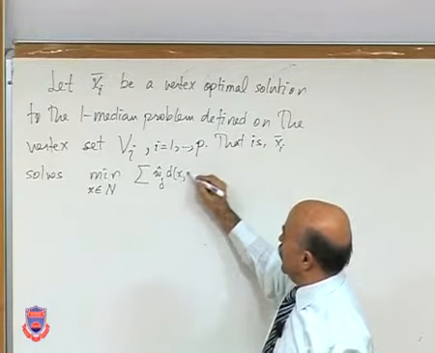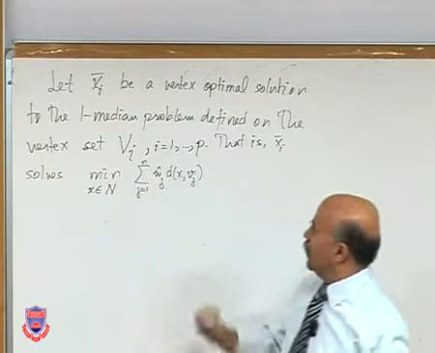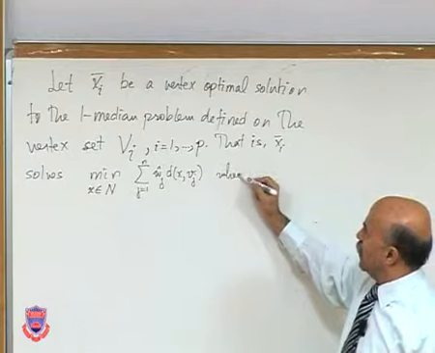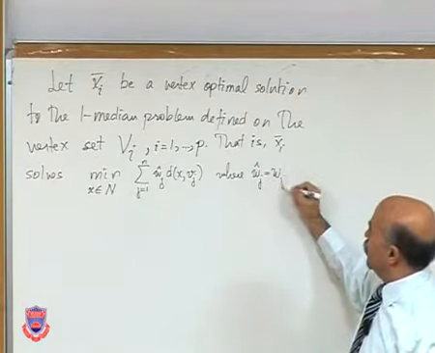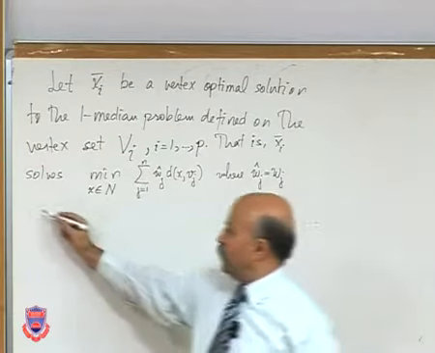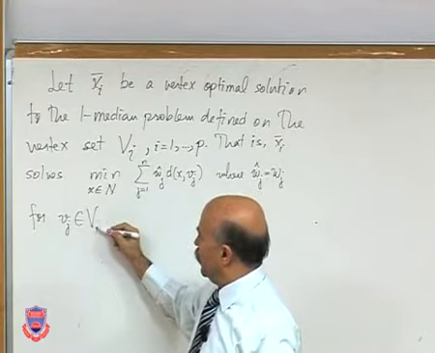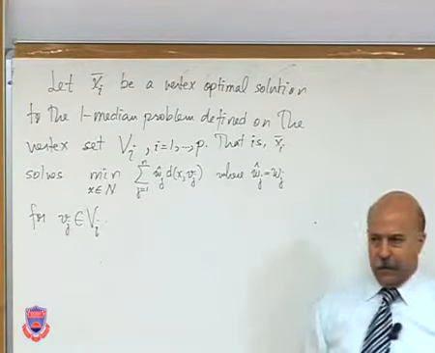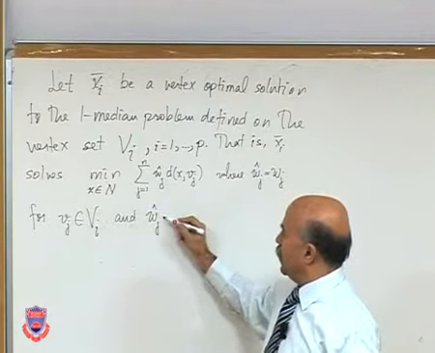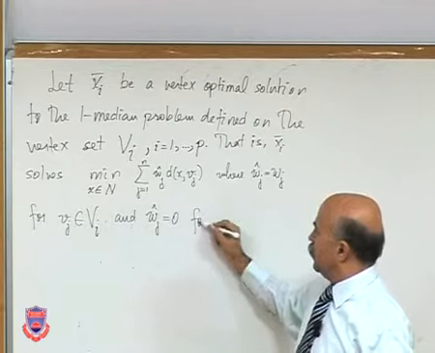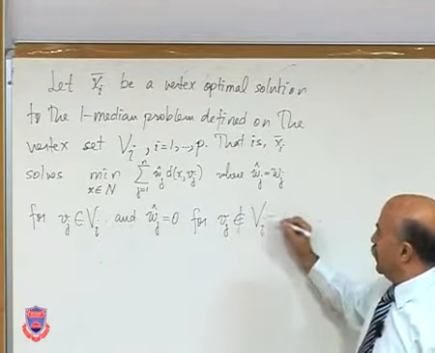j going from 1 to n, where the weight wj hat is the same as the old weight for those vertices that belong to the partition under consideration, and the weight wj hat is equal to 0 for vertices not in capital Vi.